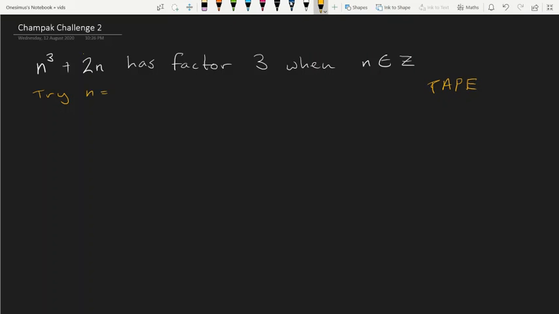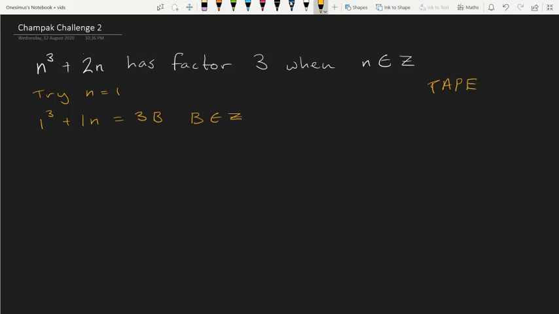N equals 1, and that will naturally substitute in 1 cubed plus 2 times 1. Like before, we can substitute a factor of 3 as 3b, with b in the set of the integers. B is any integer.